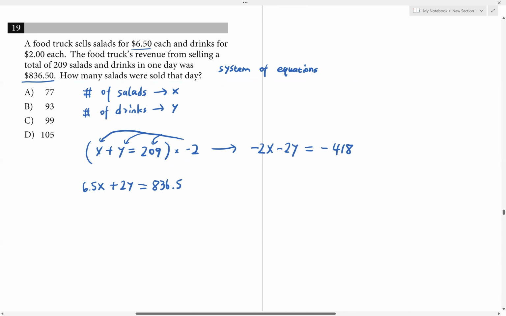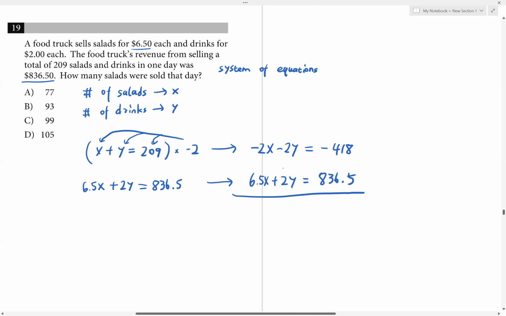And the second equation, we can just bring it over here: 6.5X plus 2Y equals 836.5. And you see here they line up nicely, the X and Y and the number. So now we can add the equations together.